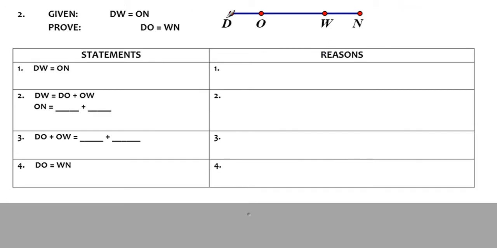Okay, for the next one, we have DW, and I'm just going to mark DW here is congruent to ON. And we're trying to prove that DO is equal to WN. So DW equals ON, that's always our given.